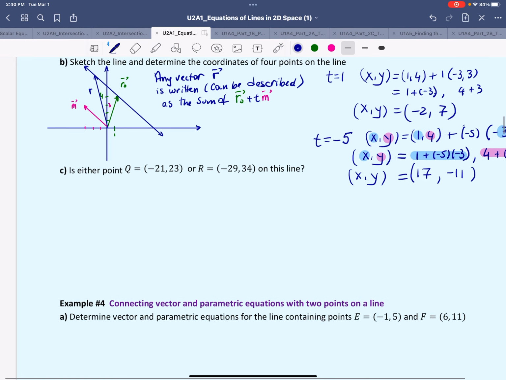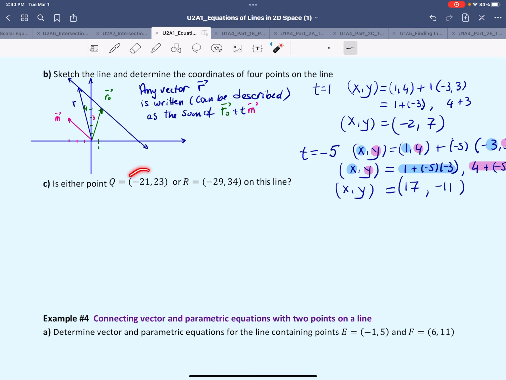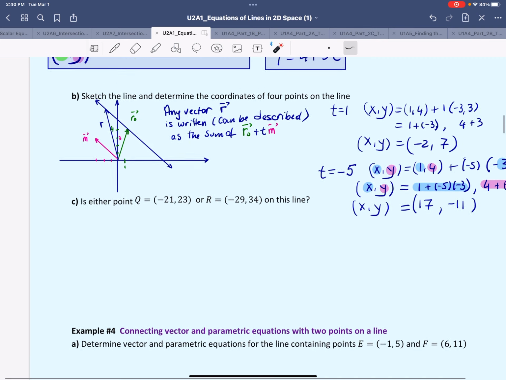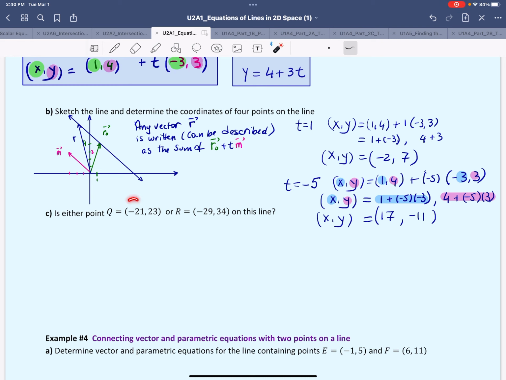Now next we're asked whether the point Q with the indicated coordinates or the point R are on the line. So for a point to be on a line, the coordinates of the point must satisfy the equation. That was true for scalar equations. It is true for vector equations as well. So I'm going to start off by writing the vector equation of the line: (x, y) equals (1, 4) plus t(-3, 3).